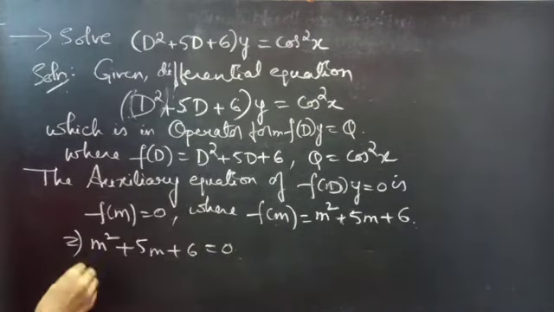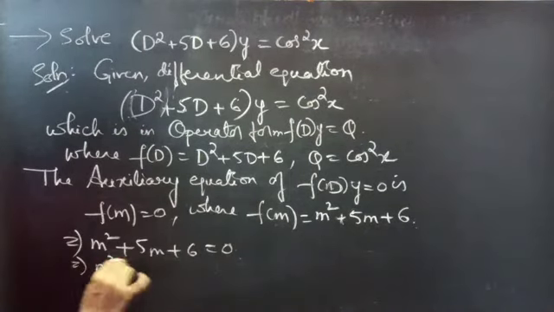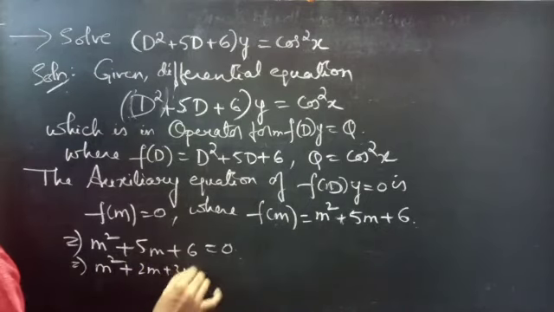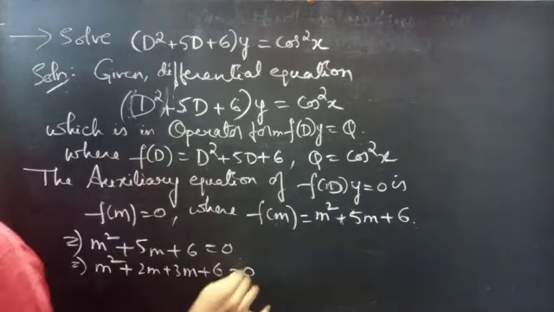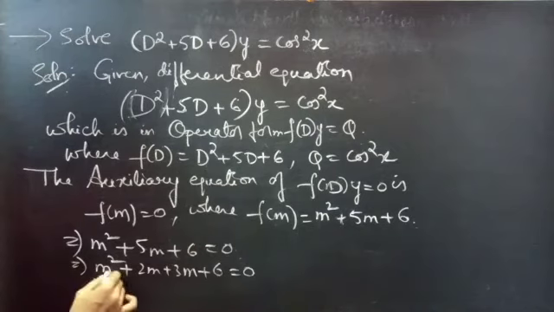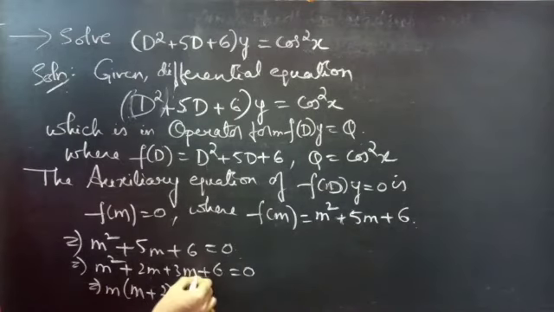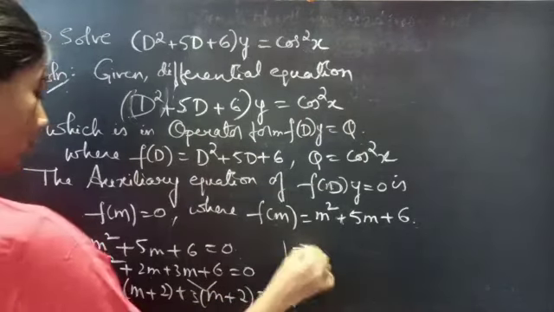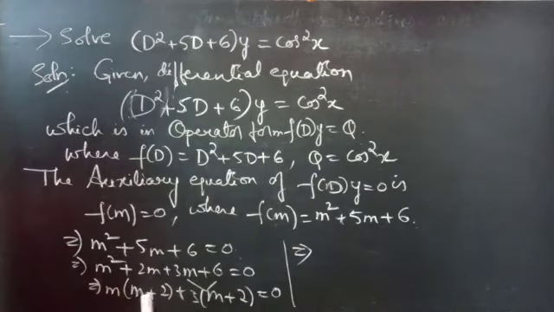Now let's find the roots of this equation. Split 5m as 2m plus 3m, plus the third term as it is. Now take m common from the first two terms, we'll get m times (m plus 2), and take 3 common from the next two terms, we'll get 3 times (m plus 2) equals 0, right? Then, if you notice, we have m plus 2 in both the terms, so let's take m plus 2 common.